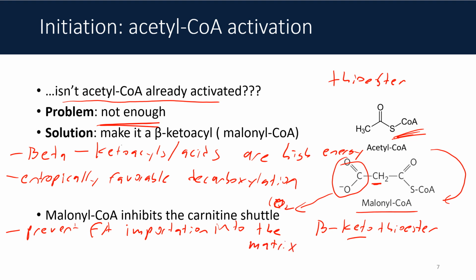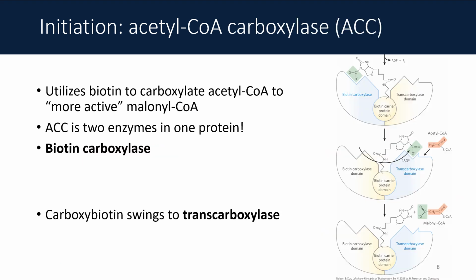And therefore, it's going to shut down beta oxidation hard. This is why biology designed synthesis and degradation to occur separately. If it didn't, our cells would just make and break fatty acids in a pointless loop.